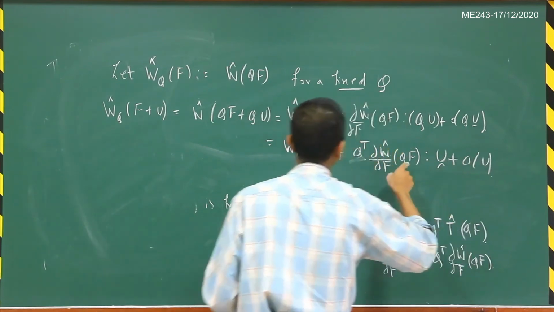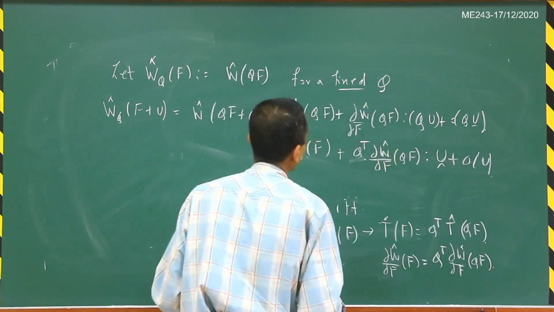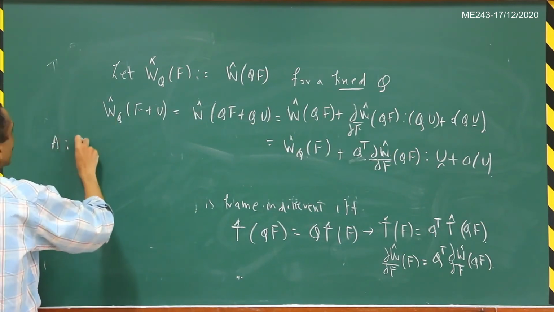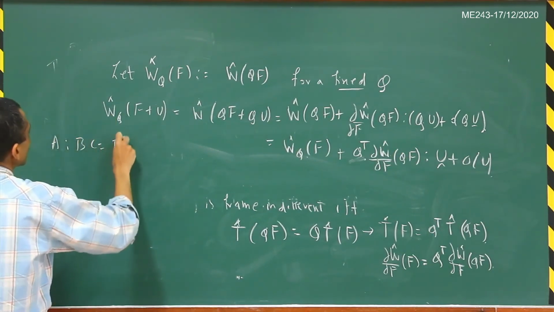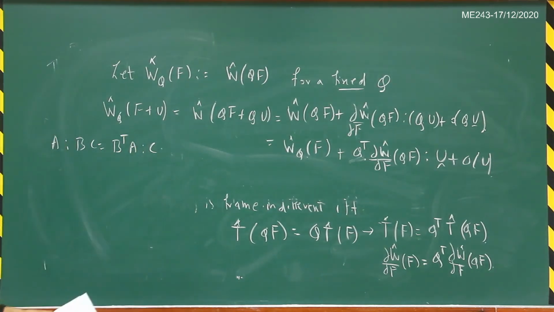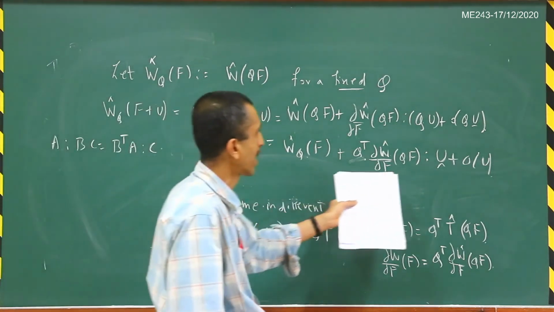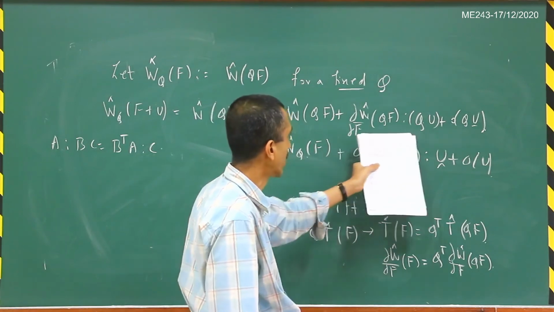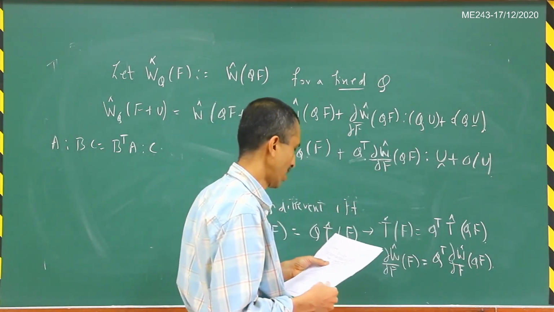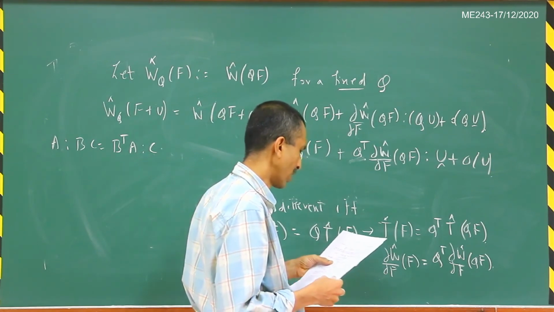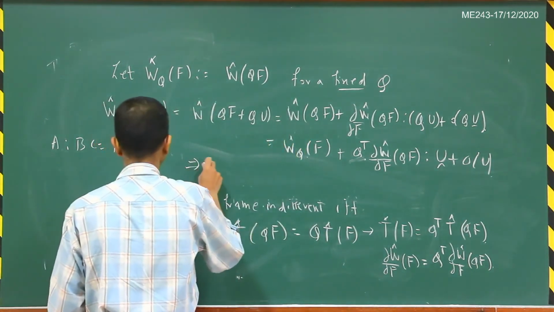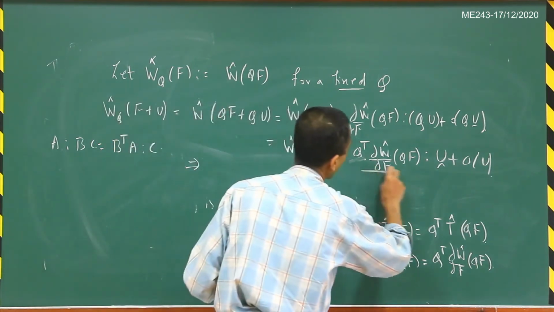Here I am using the fact that A matrix inner product B C is D transpose A matrix inner product C. I am just using this property to write it in terms of Q transpose, which just comes from this side. So now this implies that the first order term is the gradient.